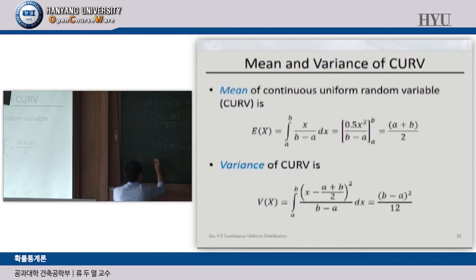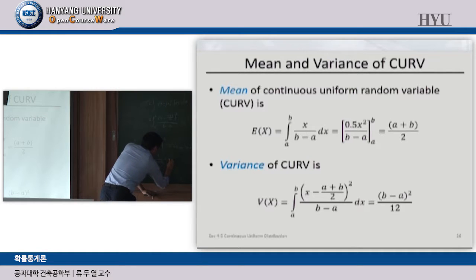And this can be 1 over b minus a multiplied by 1 over 3 x to the third power minus (a plus b) over 2 x squared plus (a plus b) squared over 4 x, from a to b. Okay?